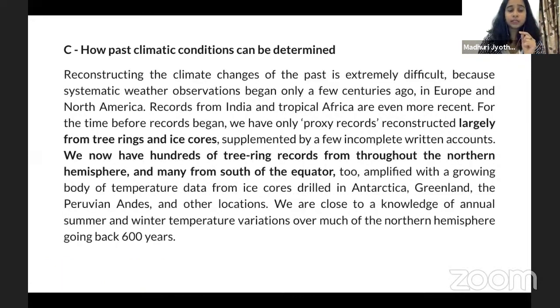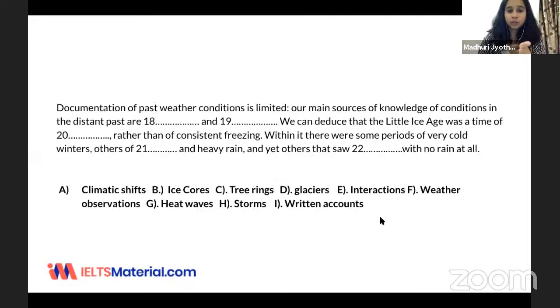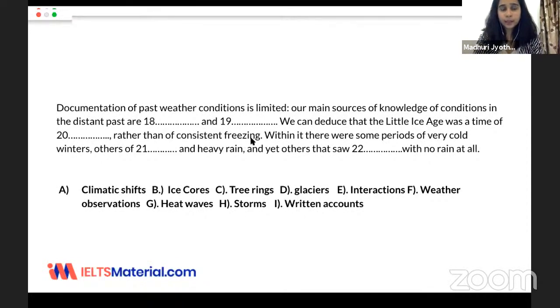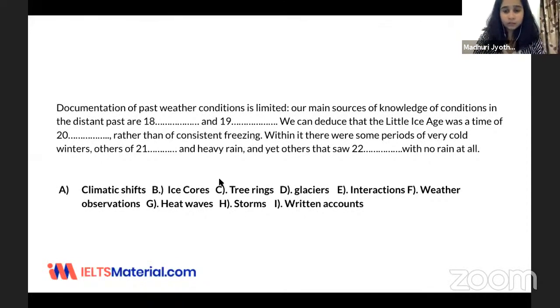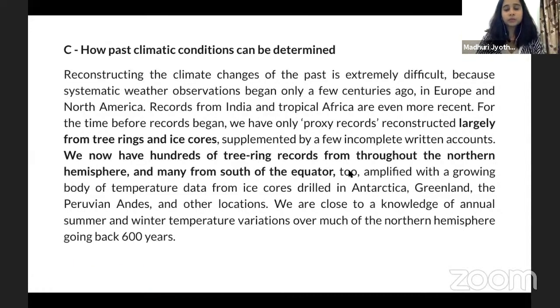So let's say for the first one, which is the 18th one, how to go about with it. Okay, so for the 18th one, what we will do is, let's say we found that the keywords are in section C. Okay, so I'm going to start reading.